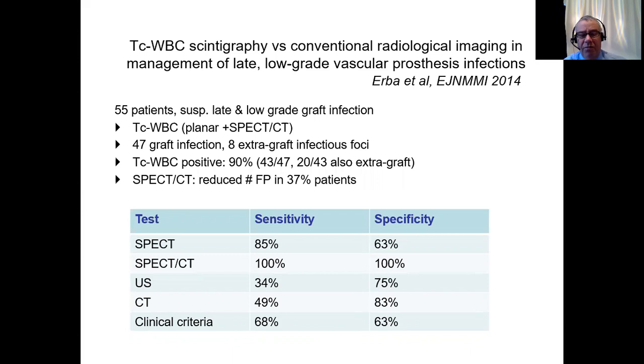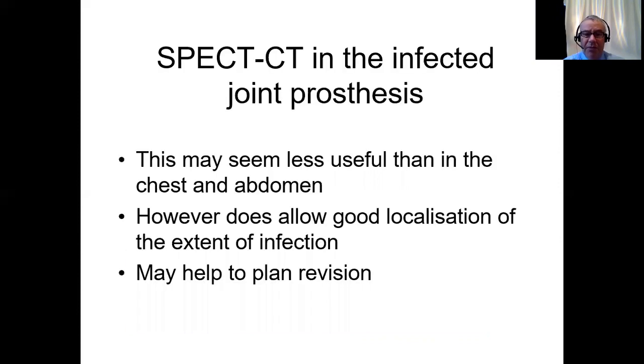And really importantly, going back to that first picture I showed you from Haifa in Israel, SPECT-CT reduced the number of false positives so that they were really sure that when there was uptake, it was due to an infection.